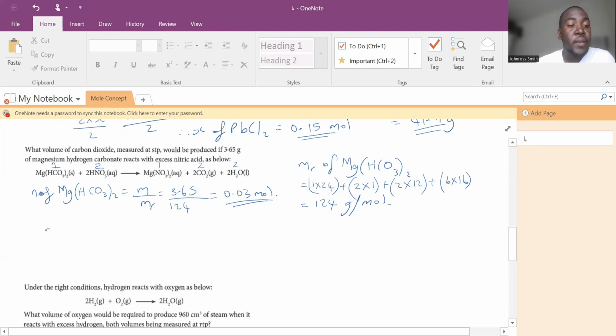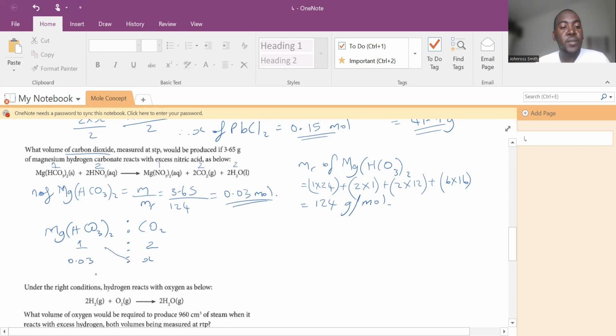All right, so now we know the mole of 1. We can now link it to the unknown of what we need to find. So we know that what we need to find is the carbon dioxide volume. So it's for CO2. So from the equation, it was a 1, 2, 2. But in our experiment, or in the experiment that was done, it actually uses 0.03. We need to know how much is produced here.